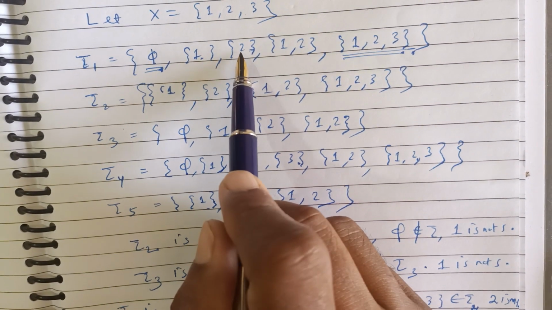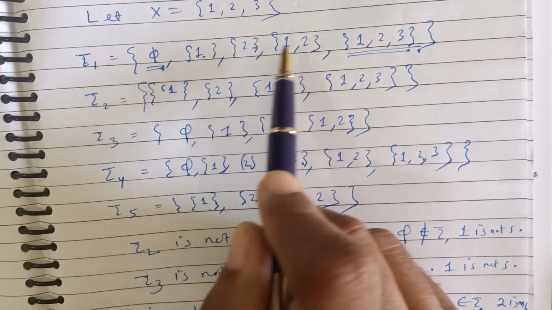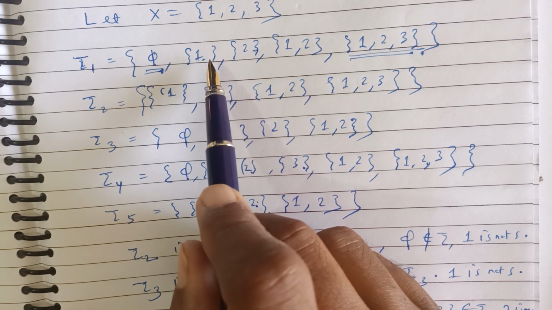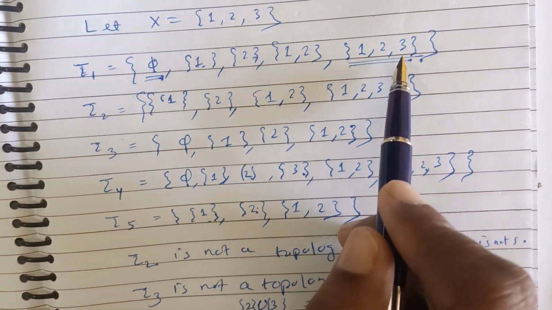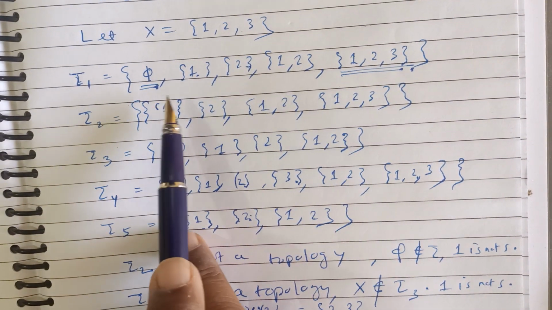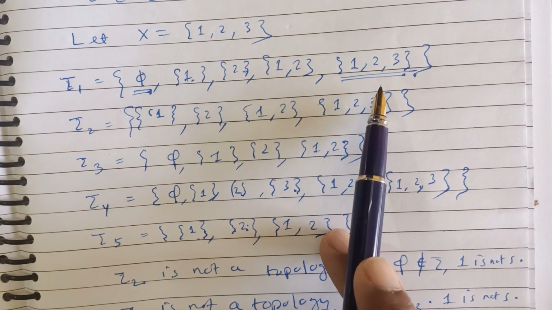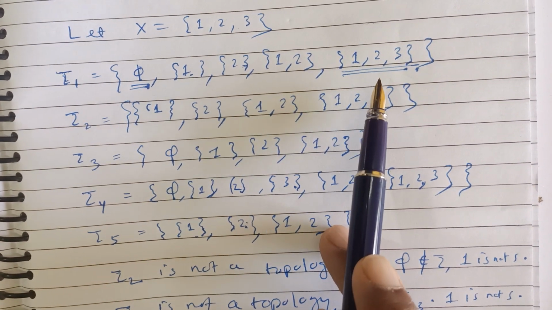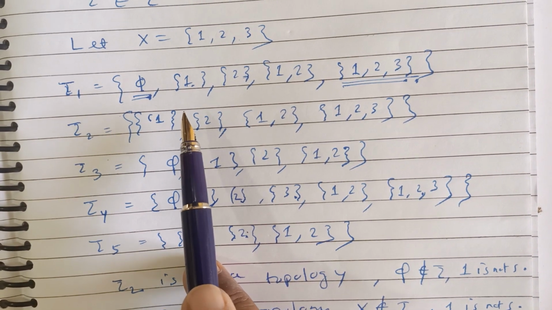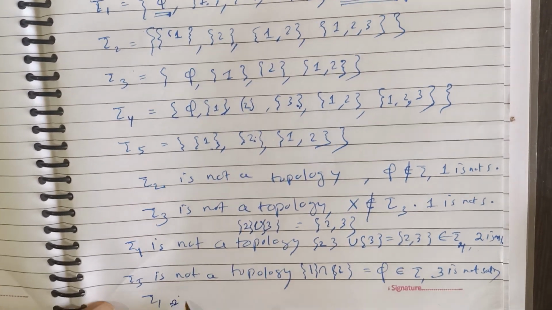The intersection of {1} and {2} is phi, which exists; the intersection of {2} and {1,2} is {2}, which exists; the intersection of {1} and {1,2} is {1}, which exists; the intersection of {1,2,3} and {1,2} is {1,2}, which exists. So we may examine that the union of every pair of elements and the intersection of every pair of elements belong to the set. Hence condition 1 is satisfied, condition 2 is satisfied, condition 3 is satisfied. Hence, friend, tau 1 is a topology.